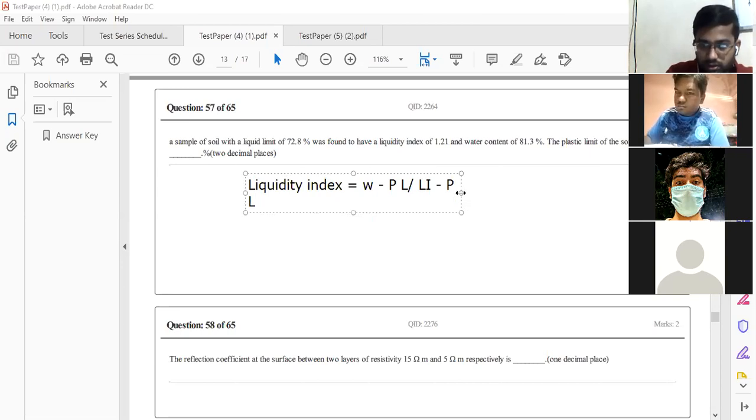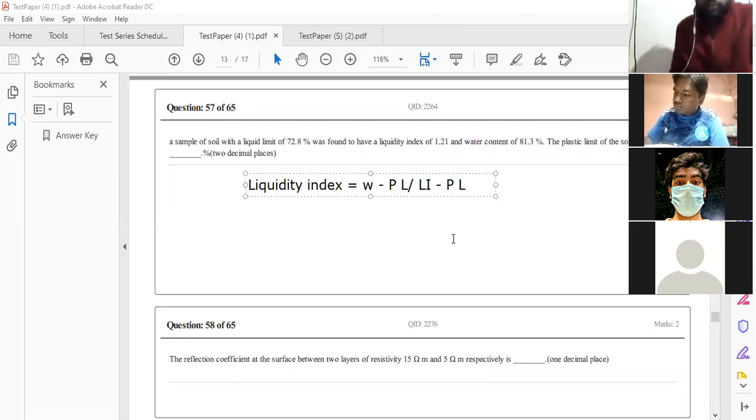This is the formula. Or if you need to calculate in percentage, then in the end you need to multiply with 100.